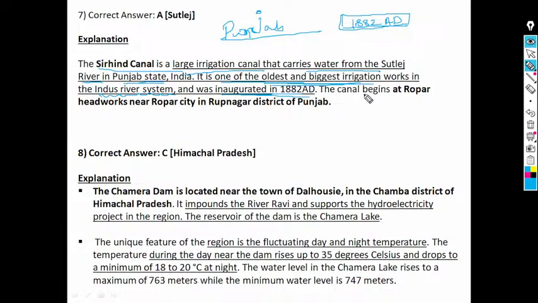The canal begins at Ropar headworks near Ropar city in Roopnagar district of Punjab.